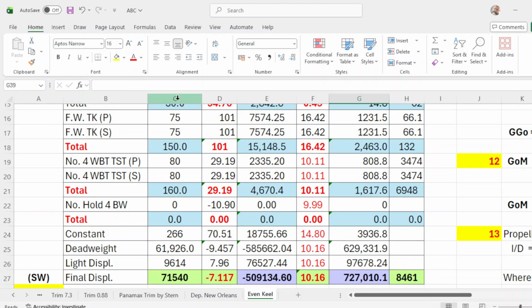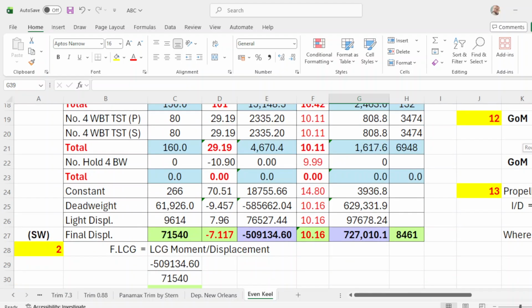So adding all together with your constant, this will be your deadweight, okay, and plus your light ship, you add your light ship, then total displacement, or final displacement, is 71,540, and your final LCG is negative 7.117.